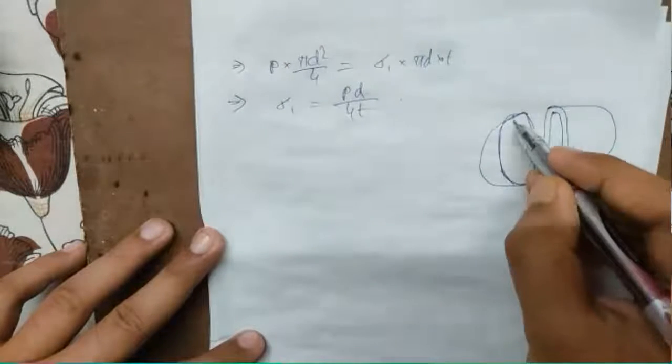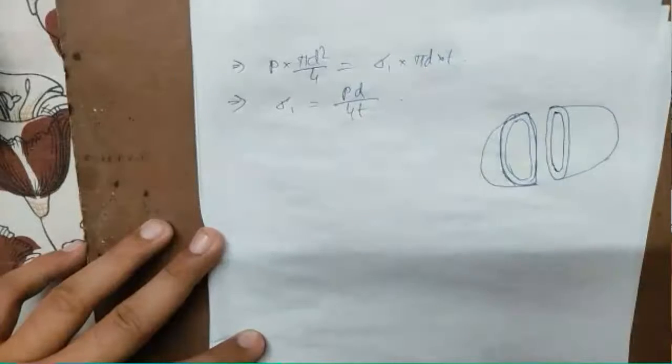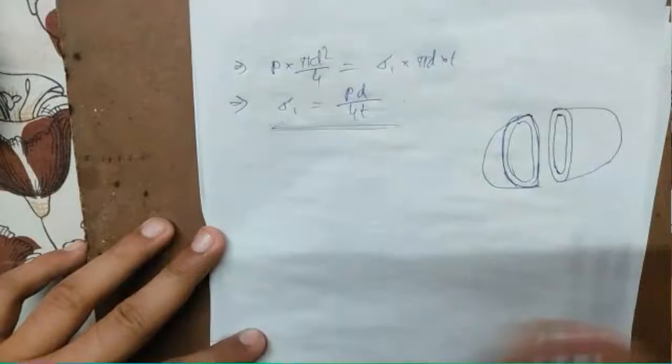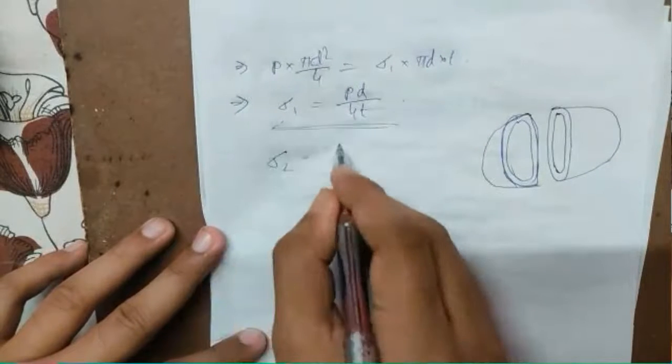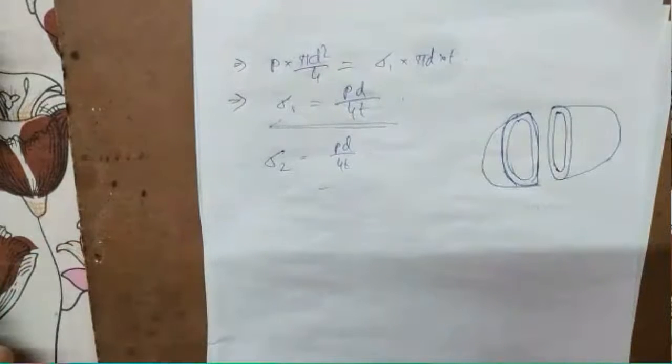So in this case also it will be similar to this one. So sigma 2 will be Pd by 4t. You see both cases are similar. Internal pressure works in every direction with the same magnitude. So this will also be the hoop stress, and it will be equal to Pd by 4t.